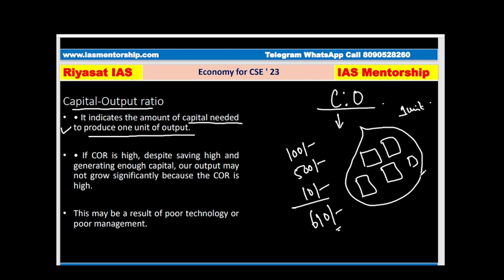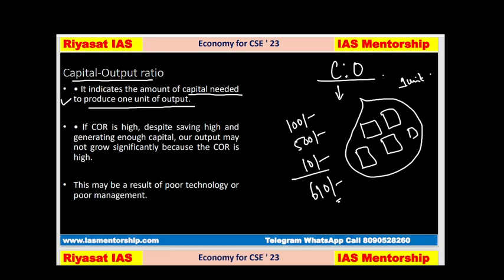On the other hand, if I do my smart work, if I take some jugaad, as you can say in Hindi, what will I do here? The same goods, this one is of person A and this is of person B. The other person produces the same goods with just 50 rupees for the boxes.